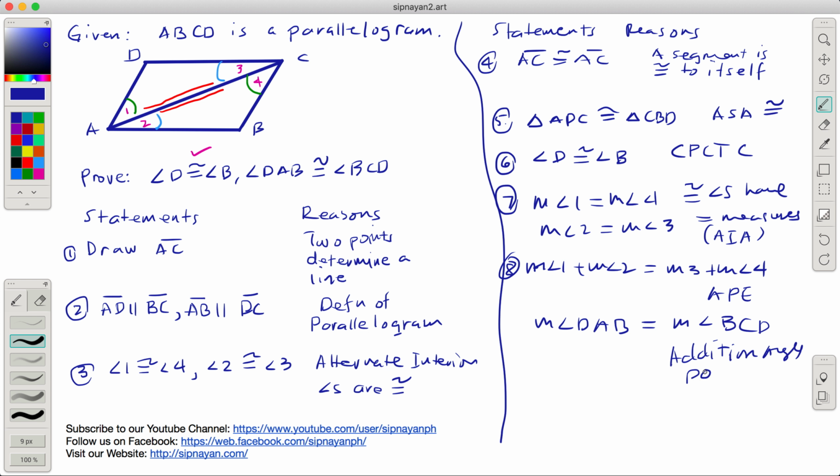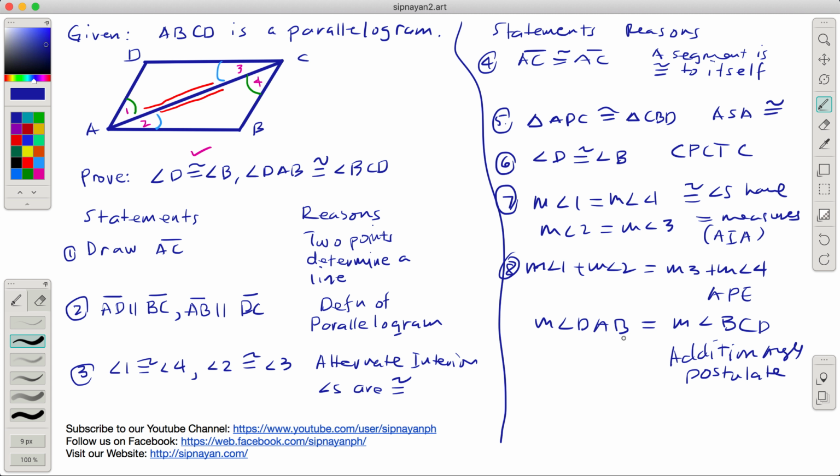Addition angle postulate. Sa sinasabi sa addition angle postulate, pag may dalawa kang angles na magkatabi, pag inad mo tong dalawang yan ay equal siya sa measure ng dalawang. Pag meron kang dalawang maliit na angles, pag inad mo yung measure nila, it's equal to the combined measure of the two angles.